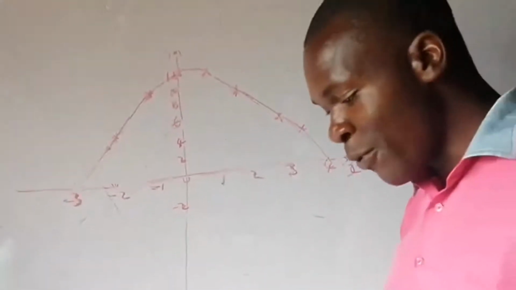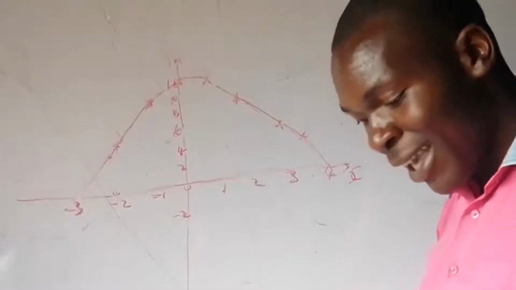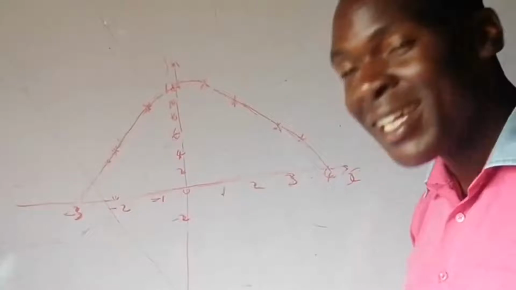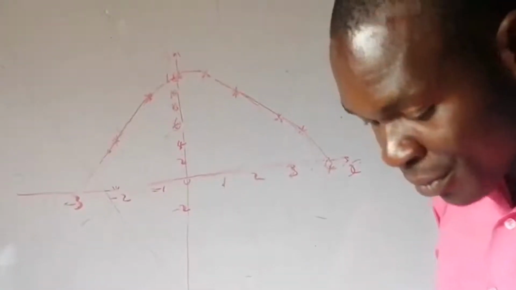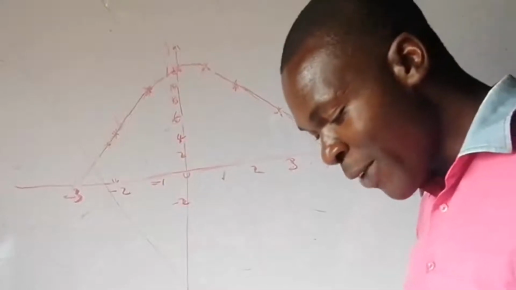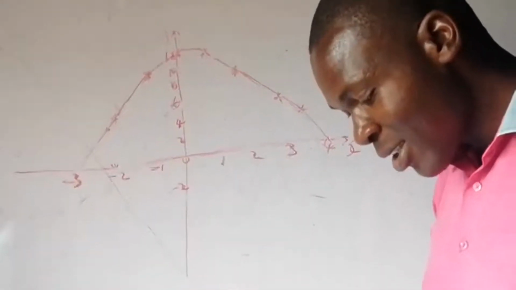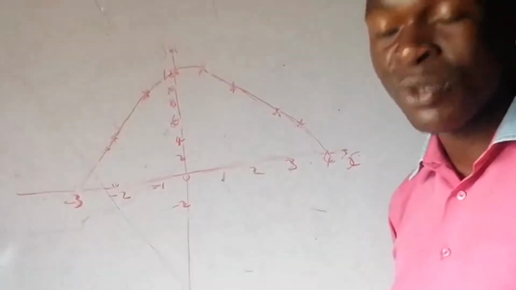Use your graph to find the area bounded by the curve, x-axis, y-axis, and the line x is equal to 1.